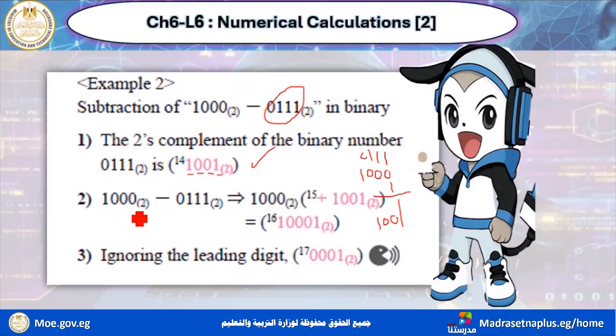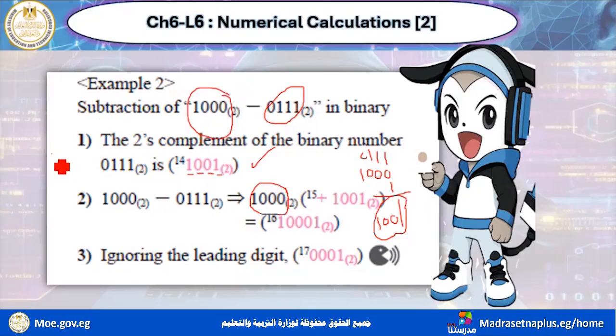1000 minus 0111 means this number. How can we get this number? Let's see the number we have got as a complement and add to the first number.